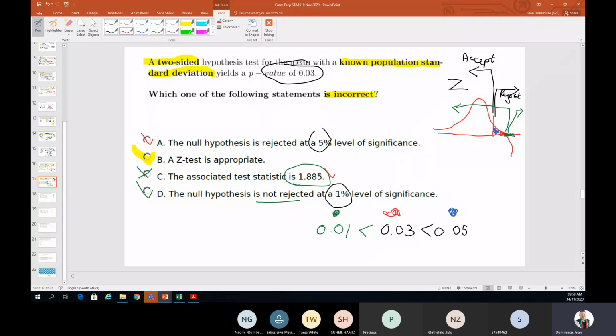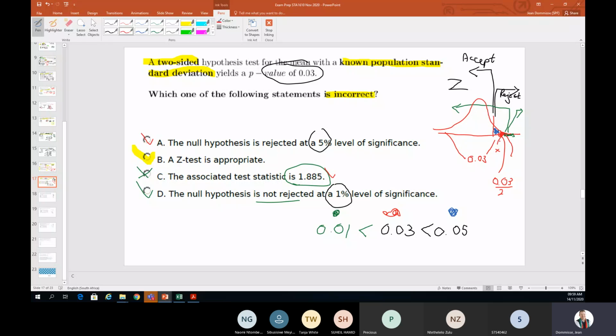Okay, so the reason why is because we're working with a two-sided test, that total would have been equal to 0,03. So the value that we are working out here should actually be 0,03 divided by 2.